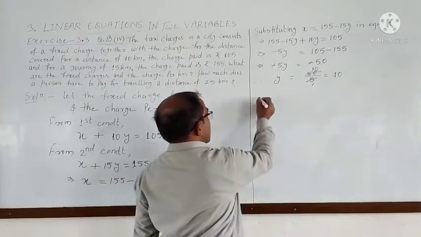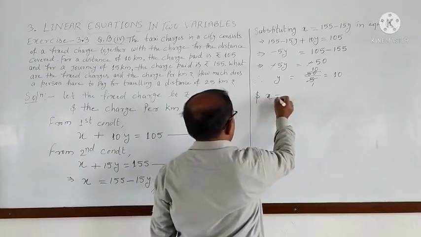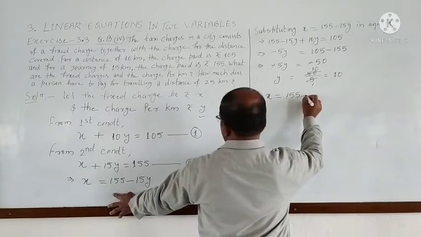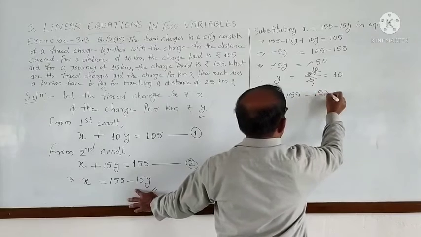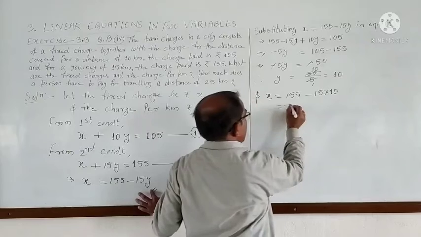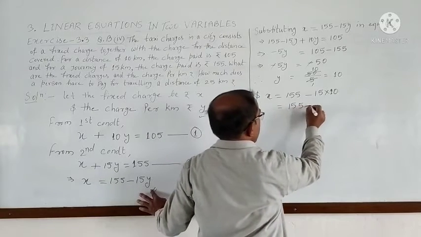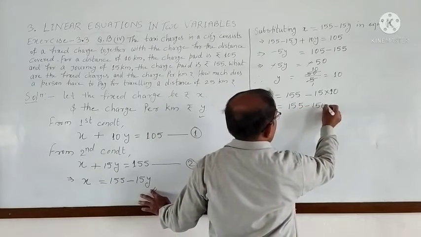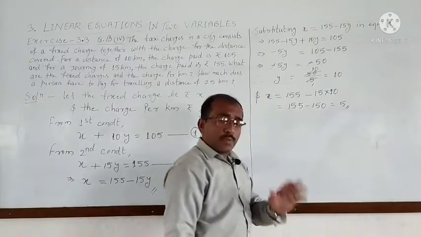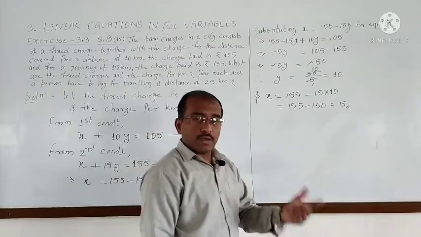And then what was the fixed charge? We have got the substitute x equal to 155 minus 15 into y. Y we got 10. We get here 155 minus 150, we get 5. That means the fixed charge was 5 rupees and per kilometer 10 rupees.